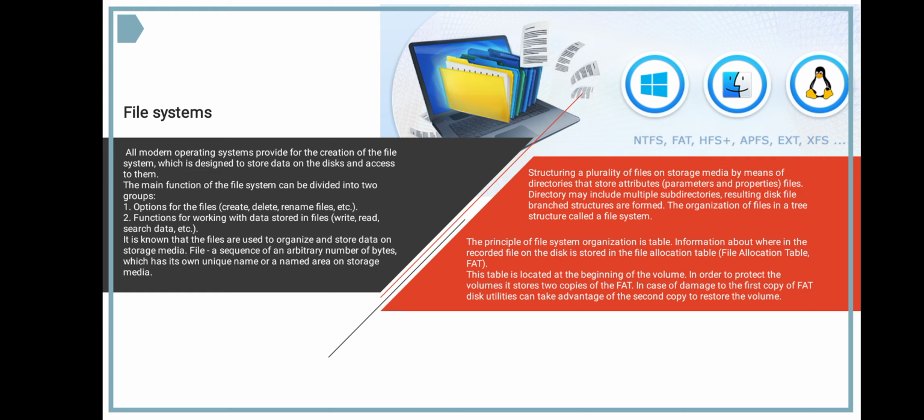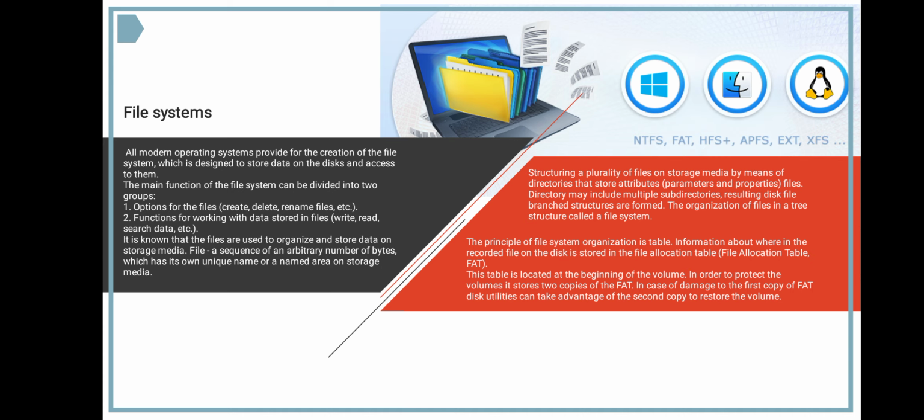Files are used to organize and store data on storage media. A file is a sequence of an arbitrary number of bytes which has its own unique name, or a named area on a storage medium. Files on storage media are structured by means of directories that store attributes. The principle of the system organization is a table.